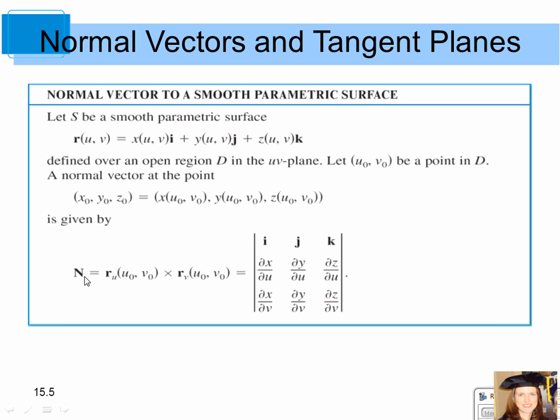Remember, the cross product always results in another vector, and that vector is going to be normal to the surface. If you have a normal vector, you can use that to find the equation of a tangent plane. Again, to find the equation of a tangent plane, you need a point and a normal vector.